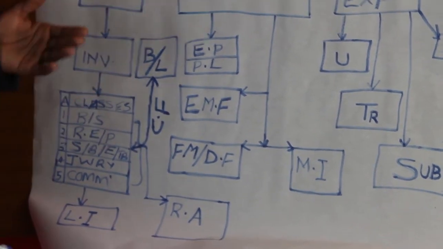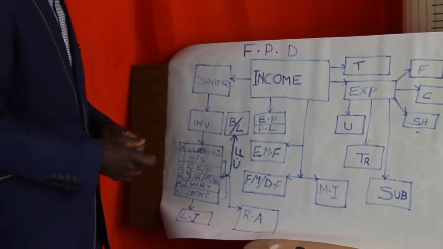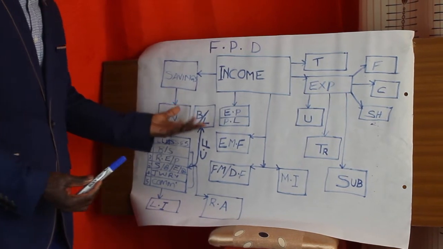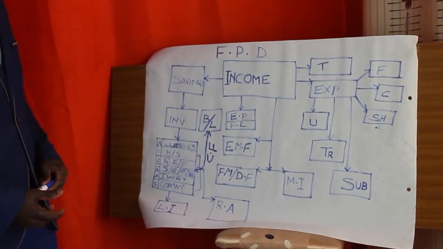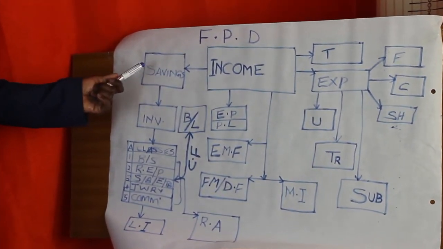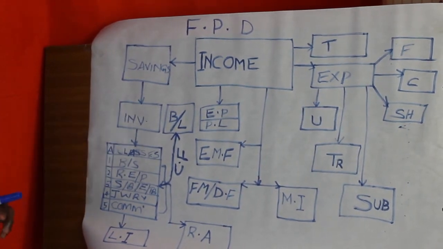When it comes to financial planning, there is also the aspect of which percentage should go where. For the start, when it comes to savings, we need 10% so that we can grow our investment portfolio.